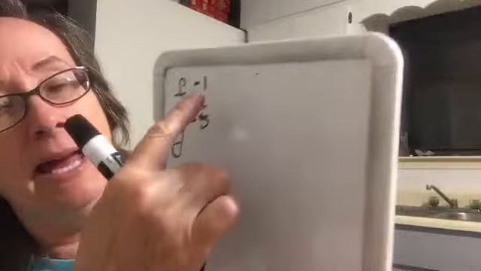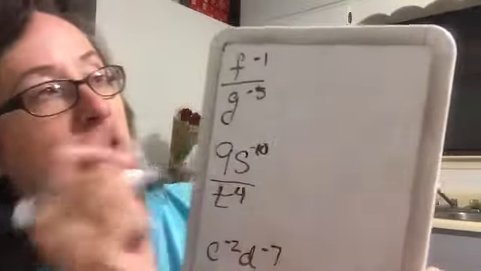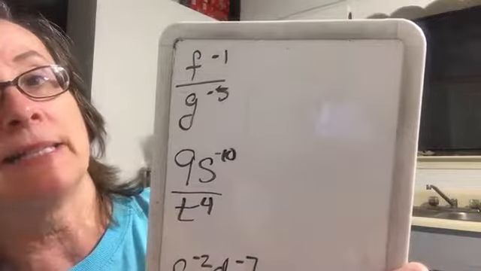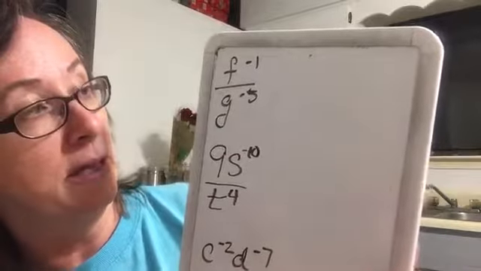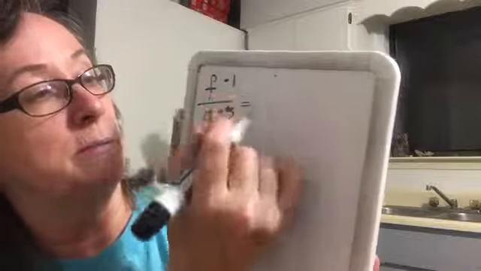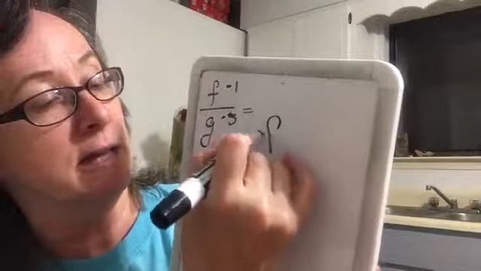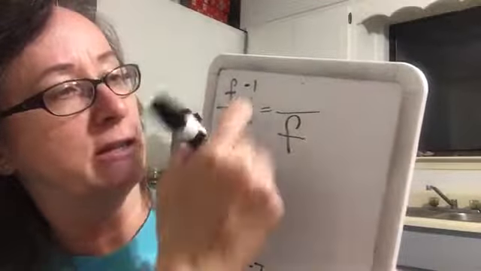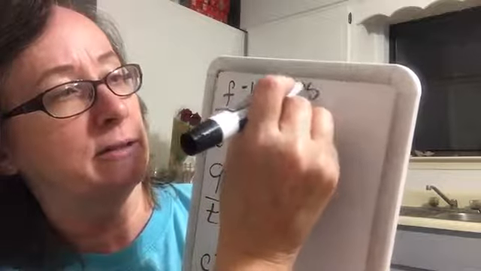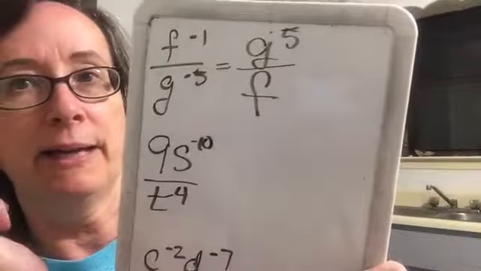Here we have two things that are going to have to move. The f is going to have to move because it has a negative exponent, and the g is going to have to move. So I'm going to do them both. The f goes downstairs, and f to the 1 is just f. And the g to the 5 goes upstairs, and that's my answer.